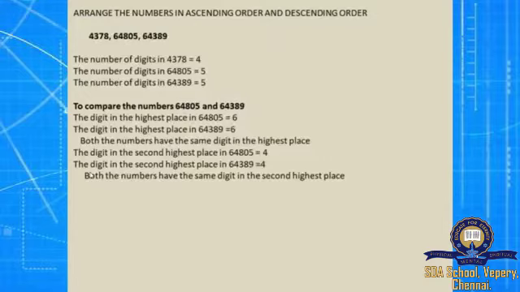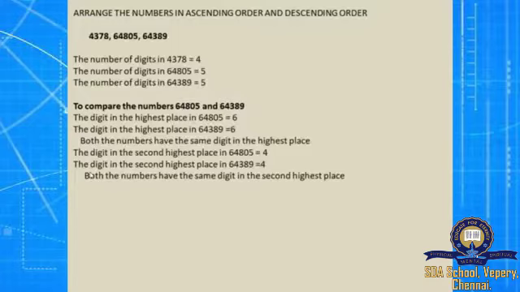So we'll go to the next step. We will see the digit in the second highest place. The digit in the second highest place in 64,805 is equal to 4. The digit in the second highest place in 64,389 is also equal to 4. Both the numbers have the same digit in the second highest place.